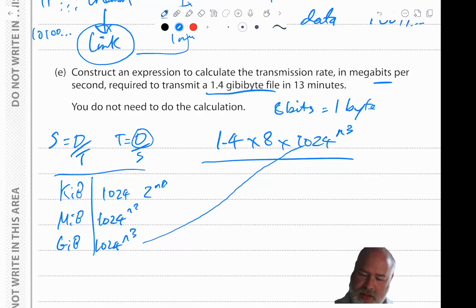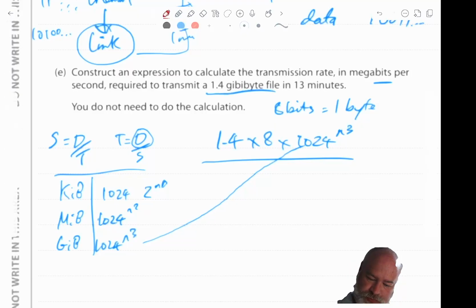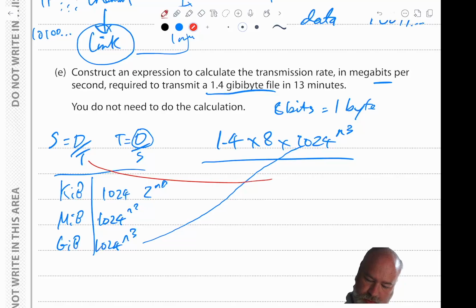Okay, that's our numerator, and then divided by time, which will be 13 minutes. So that's 13 times 60, because it's per second, and it's mega, so we want to do 1000 squared.